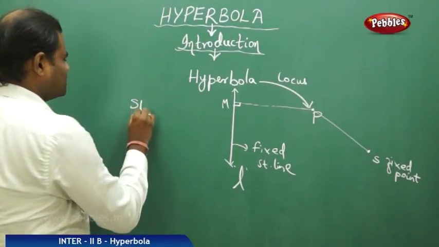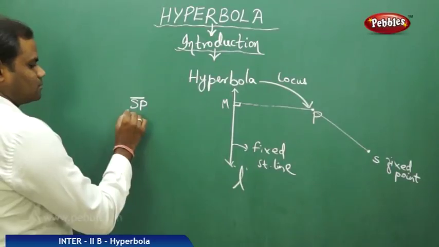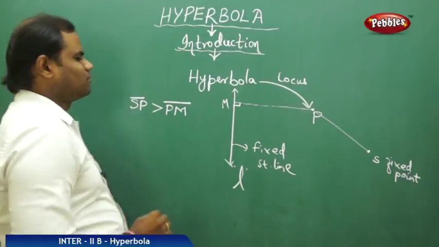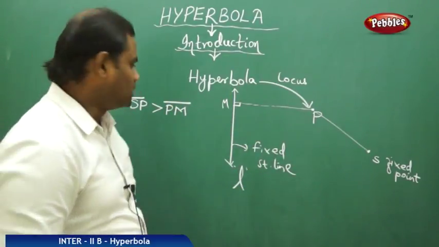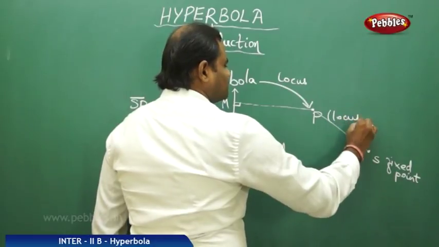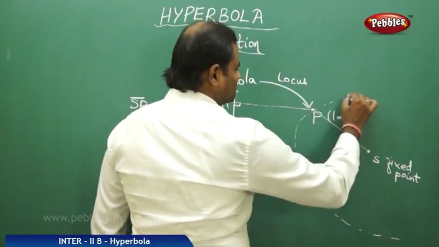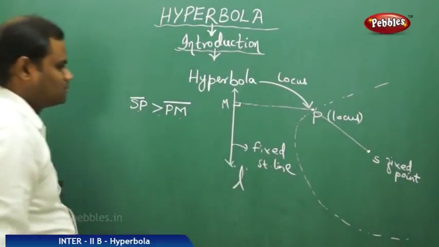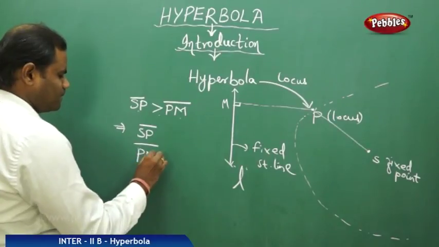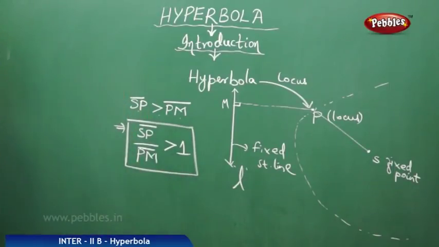That is, if SP, which is the distance from the fixed point S to the locus, by PM, which is the perpendicular distance from P to the fixed straight line L, is always greater than 1, then we say the locus P follows a path which we call a hyperbola. That is the condition for the existence of a hyperbola.